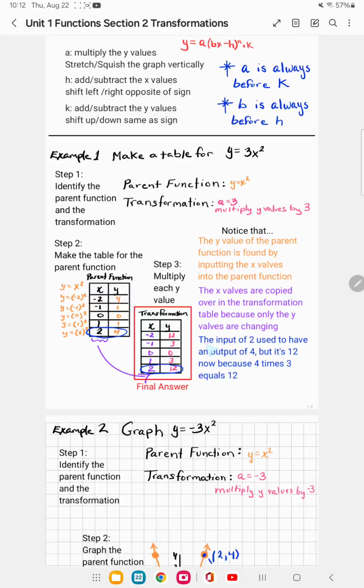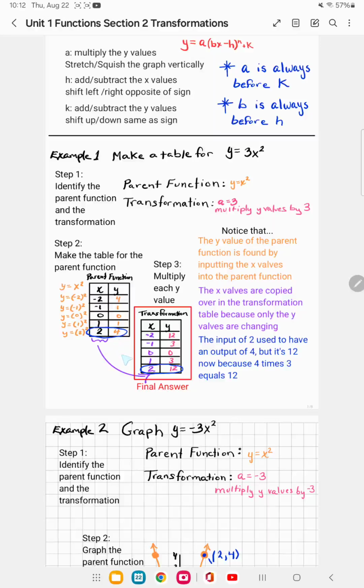The last thing to notice is that the input of 2 used to have an output of 4. You can see here 2 going into the equation used to give us 4, but it's 12 now in our new one because 4 times 3 equals 12.